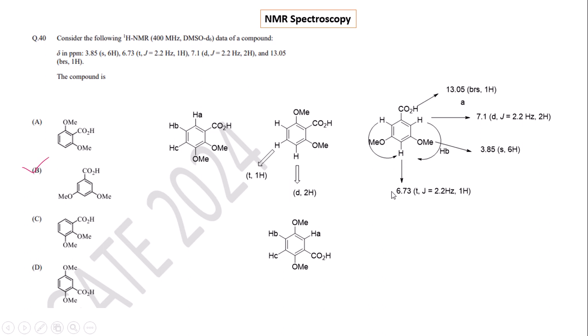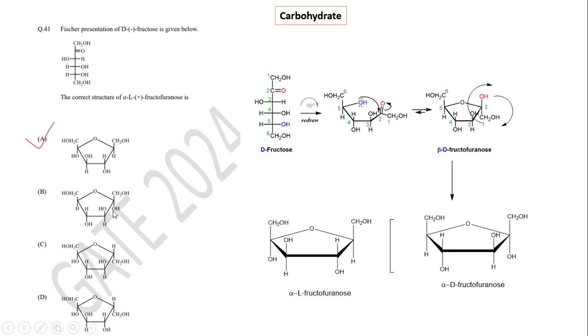It appears as a triplet with J equal to 2.2 Hz and 1H. Option A also contains a triplet and a doublet, but there the triplet is 1H and the doublet is 2H. The other options contain three types of protons in the aromatic region, while the given problem contains only two types. So option B is correct.